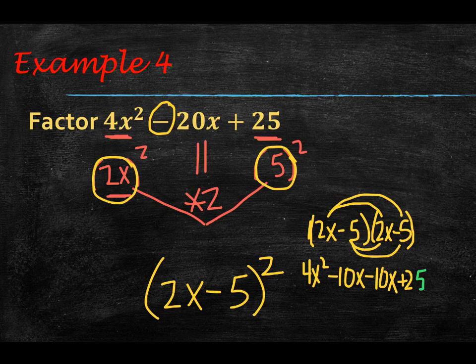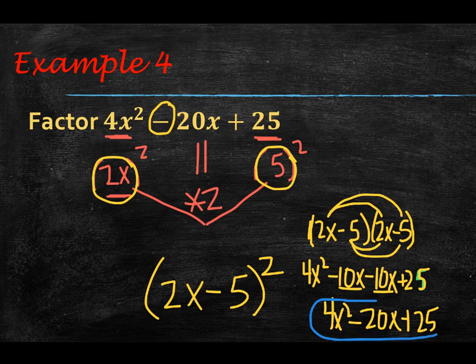Okay, well, when I add up my like terms, 4x squared, a minus 20x, and plus 25. So you can see that this matches what the original was.